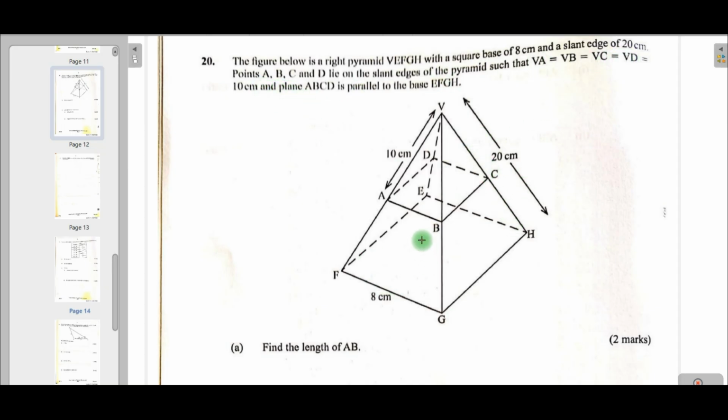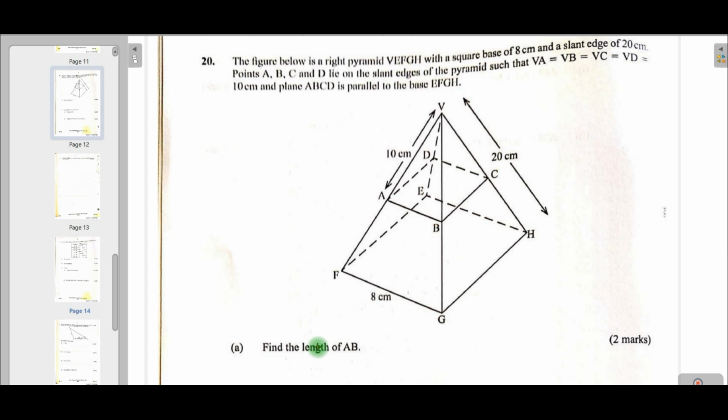Points A, B, C, D lie on slant edges of the pyramid such that VA is equal to VB is equal to VC is equal to VD, which is 10 cm, and plane ABCD is parallel to the base EFGH. So we are required to find length AB.